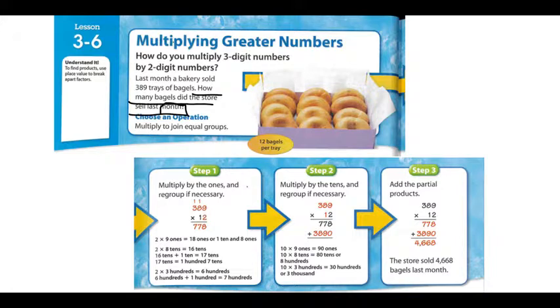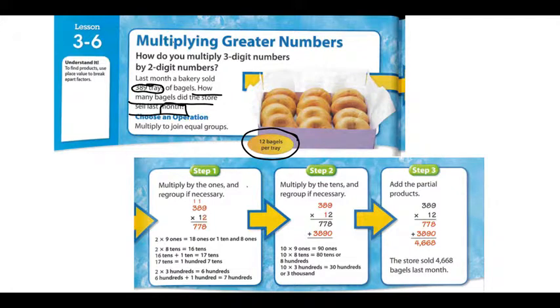And then in the problem, it says last month a bakery sold 389 trays of bagels. And then in the picture, it tells us that there are 12 bagels per tray. So this one you had to look at the picture to help you know what to do.